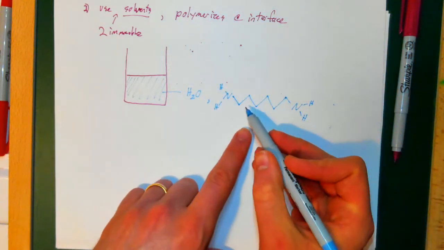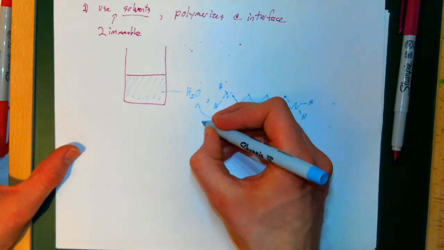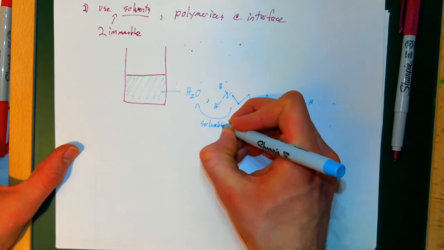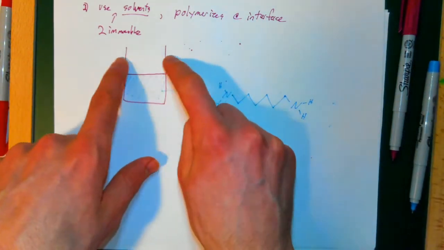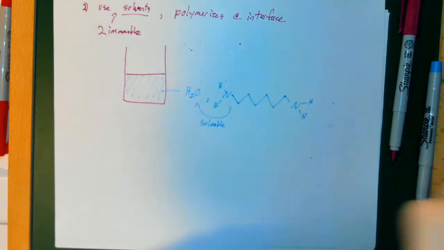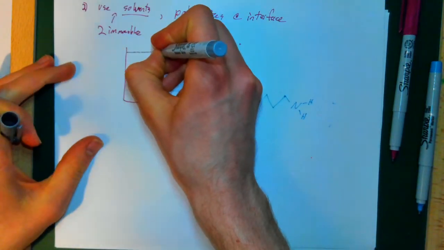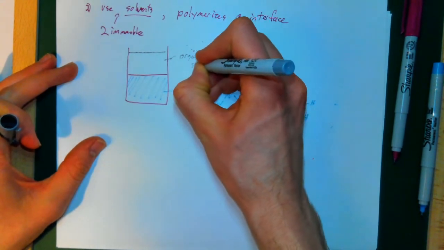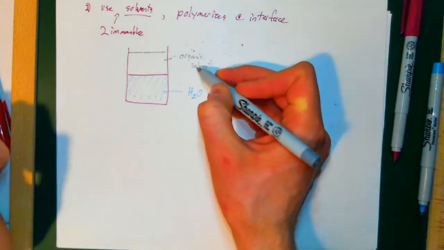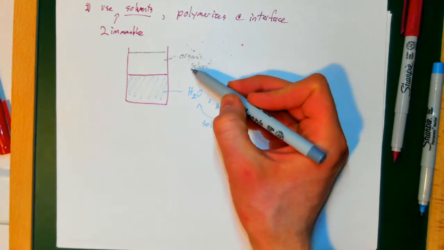And it turns out that this is soluble only in water. But on top of this water, you put some kind of organic solvent. Right? So some hydrocarbon, something like that.